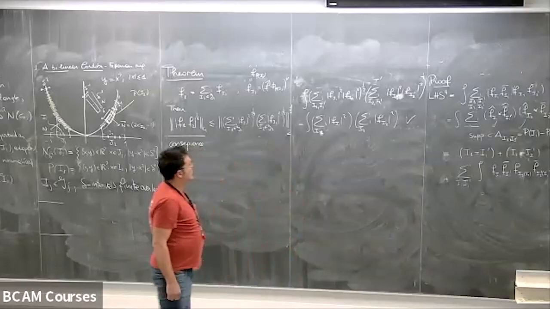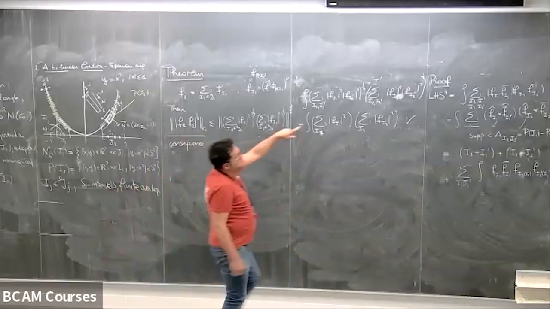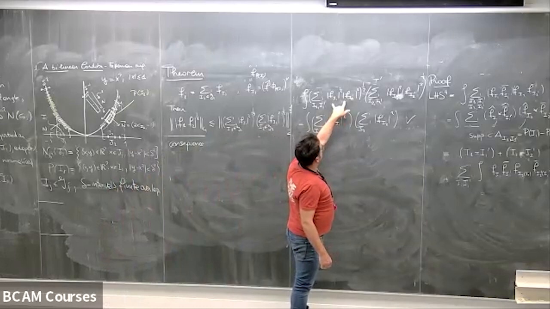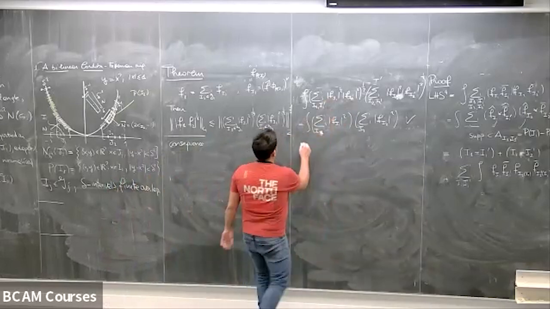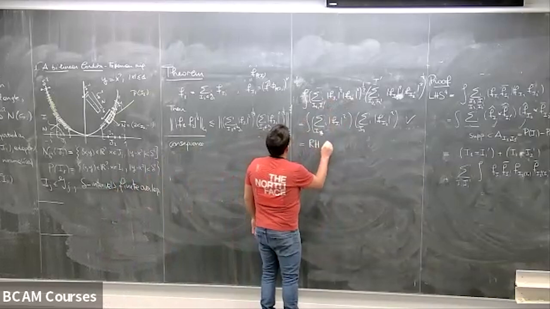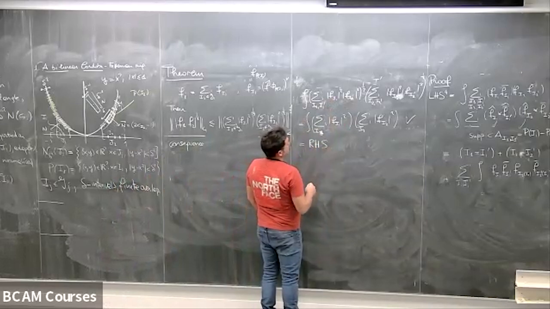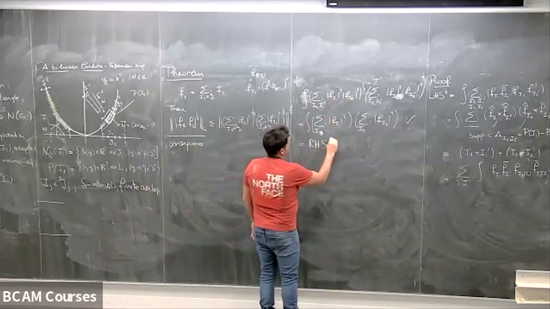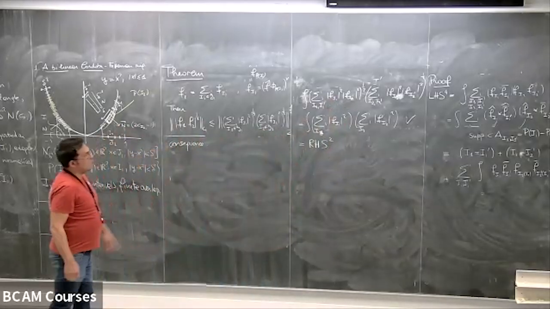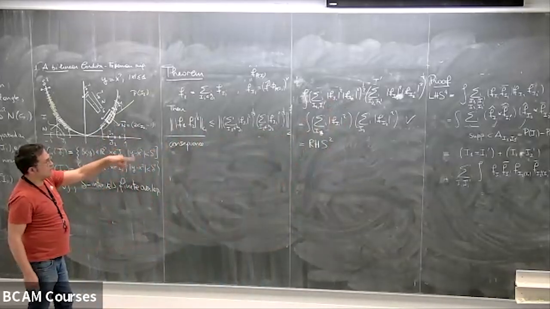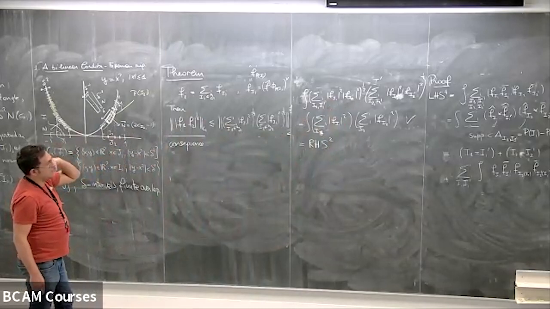So the square of this is this without the square root. And this is exactly the right-hand side to the power 2, because that's an L2 norm. So LHS to the 4 is less than or equal to the right-hand side squared. And that's what we have to do.